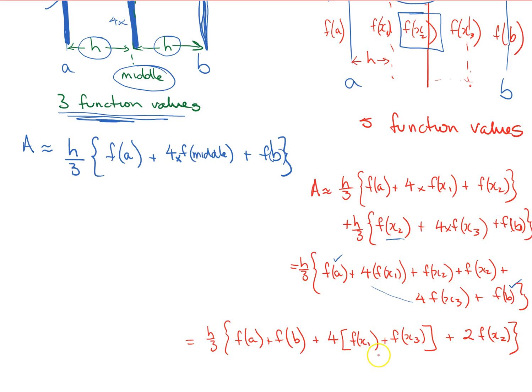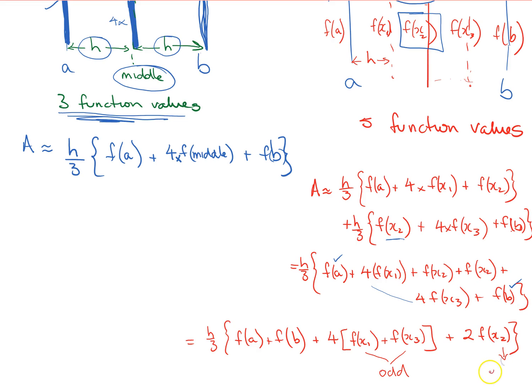Now, one more thing, you will often see in various textbooks, or you'll hear various teachers talk about these as the odd functions, only because 1 and 3 are odd. So the function values in the first odd positions, 1 and 3, those function values need to be multiplied by 4.